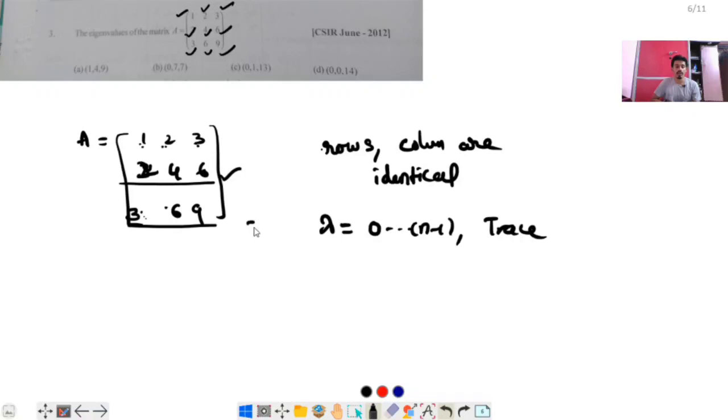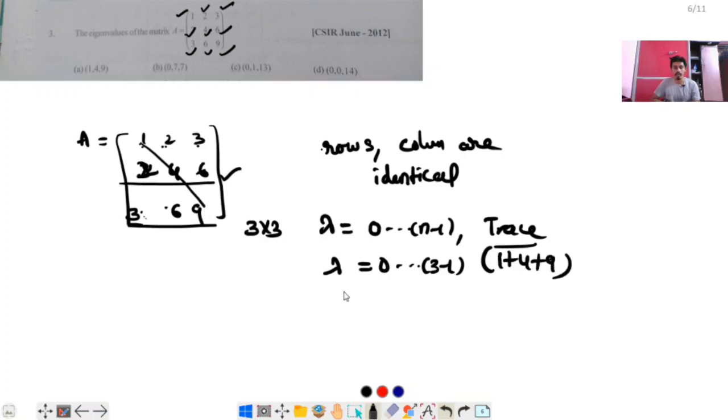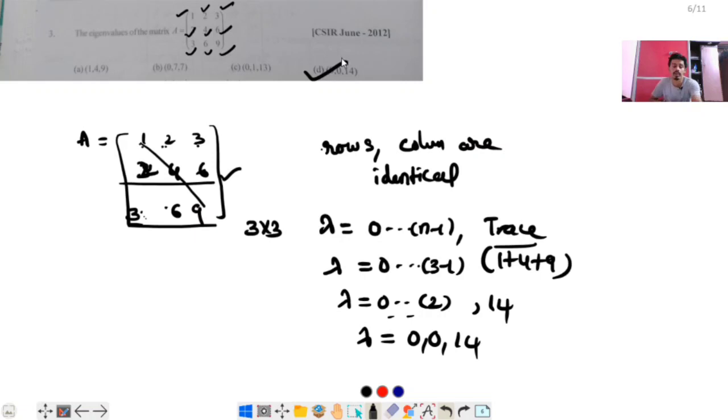This is a 3 by 3 matrix, so n is 3. Zeros up to 3 minus 1. The trace is 1 plus 4 plus 9. Now we write 0 up to 2, comma, 14, meaning 2 zeros: 0, 0, 14. The fourth option is the right answer.